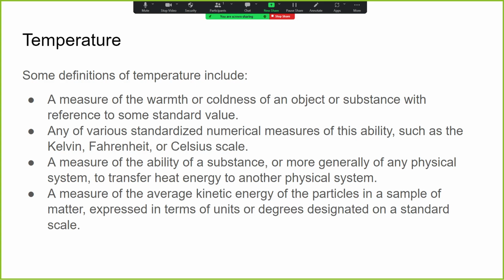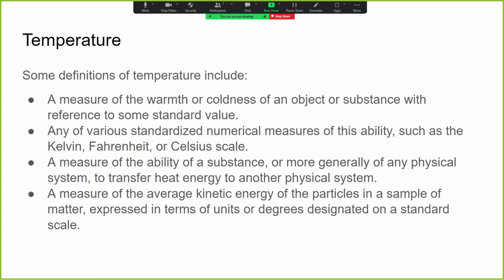A measure of the ability of a substance, or more generally of any physical system, to transfer heat to another physical system. So we're saying it is the ability to transfer heat. That's what temperature is. And that's kind of important to think about as well, because that's straight up saying that temperature is not heat. It is the measure of the ability to actually transfer heat. Okay.